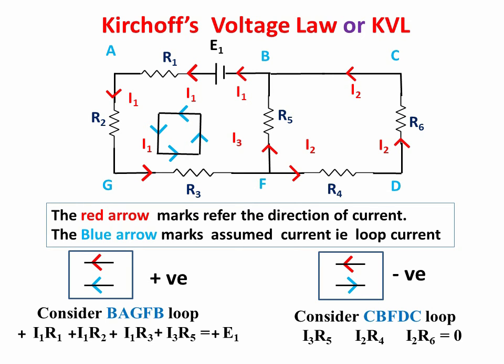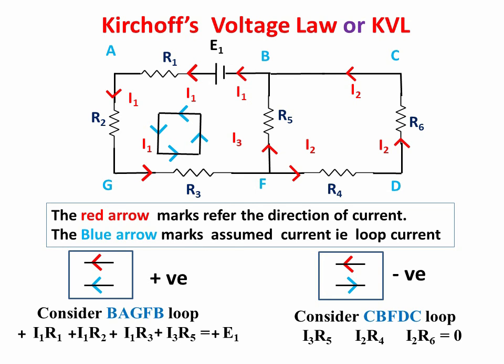Another example we will give, that is, consider CBFDC, the second square in that figure, again anticlockwise, CBFDC loop. So what are the current resistance multiplications? I3 into R5, I2 into R4, I2 into R6, which you have already known about.